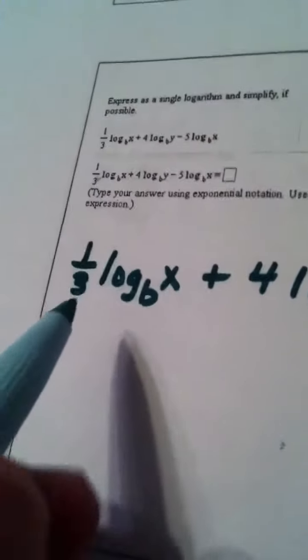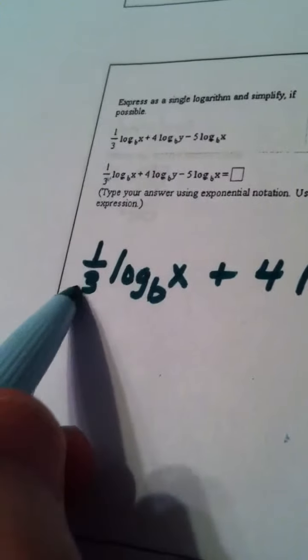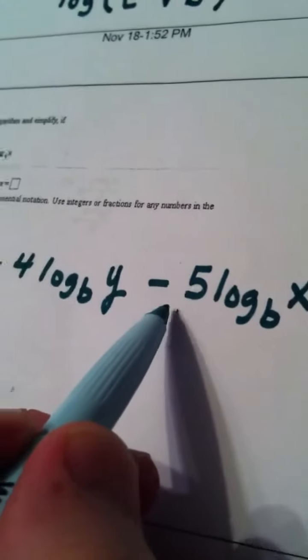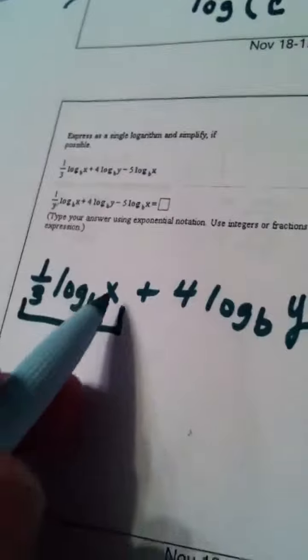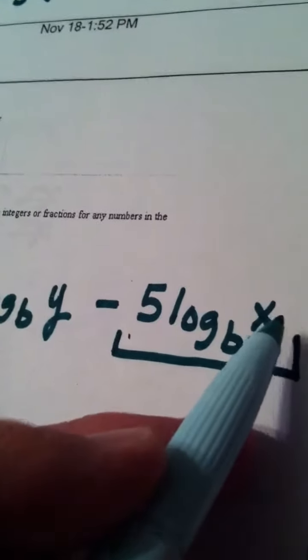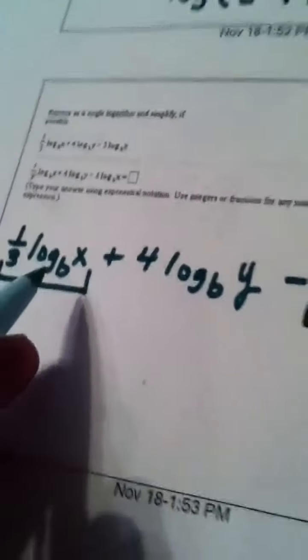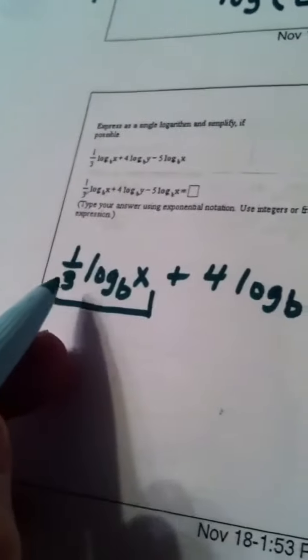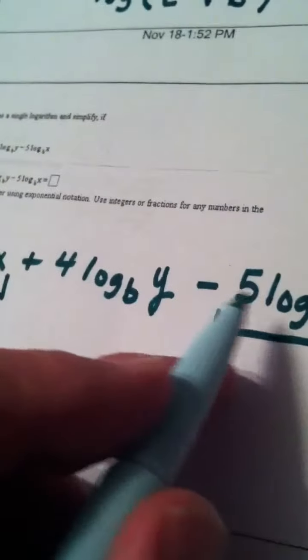All right. Now here's the tricky part to this problem. Before we even start, this term and this term are alike. Log base b of x and log base b of x are the same. So we need to combine those like terms before we start, just like we would in any part of algebra. 1/3 and a minus 5.